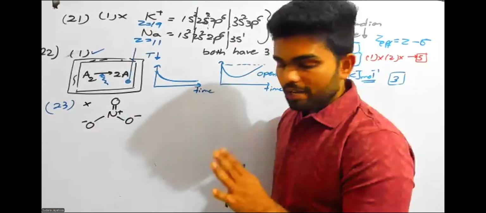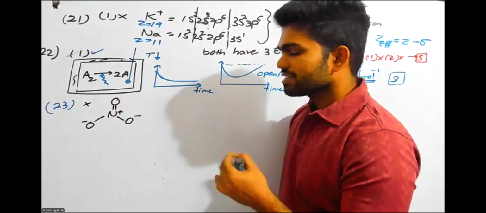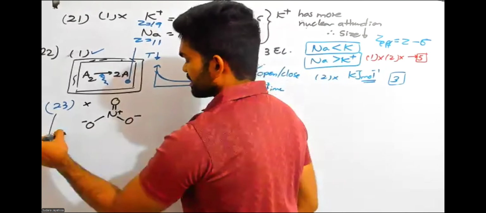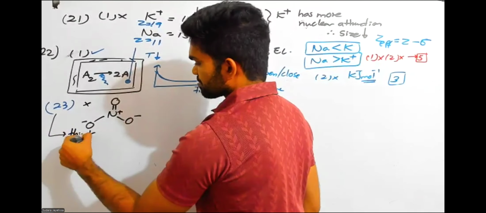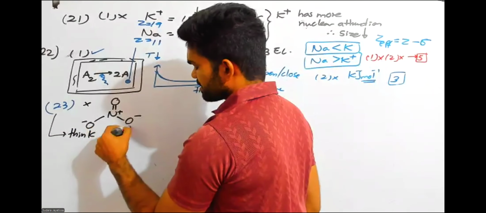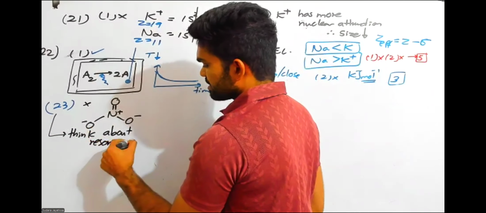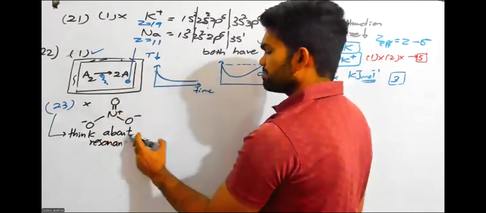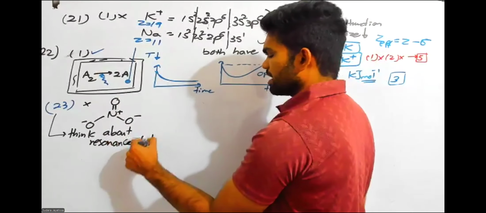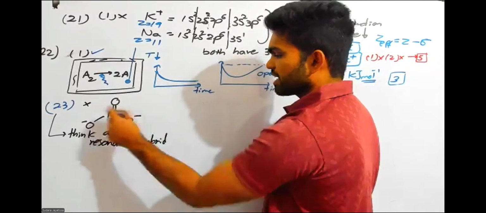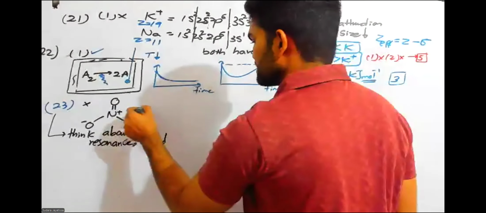But remember, when they ask questions like this, you have to think about the resonance hybrid, not this one. This is a resonance structure. So what will be the resonance hybrid?